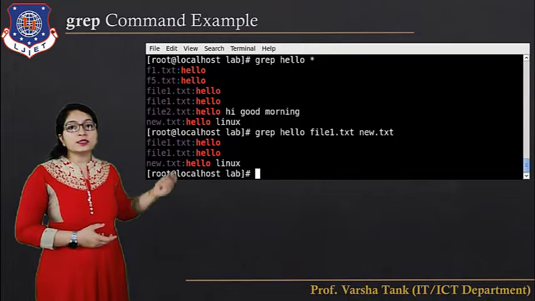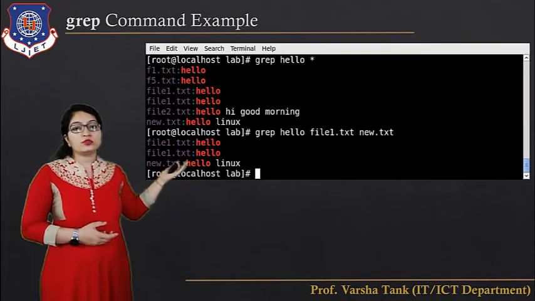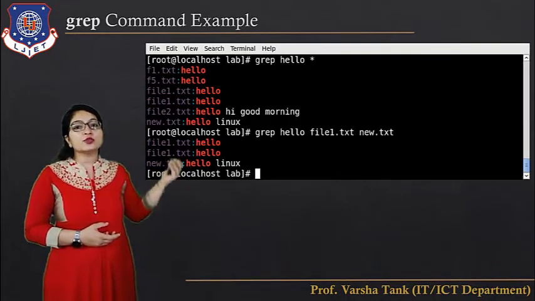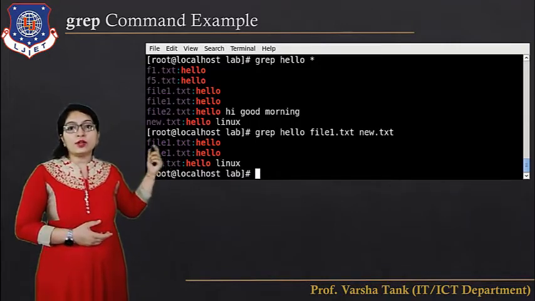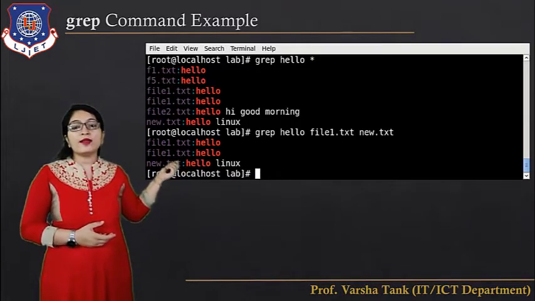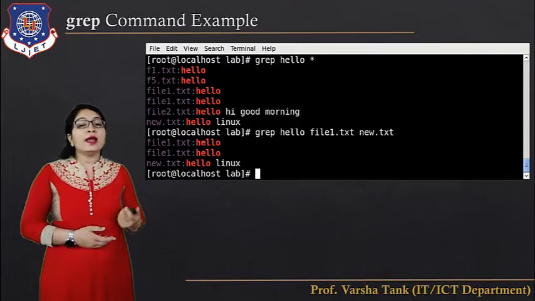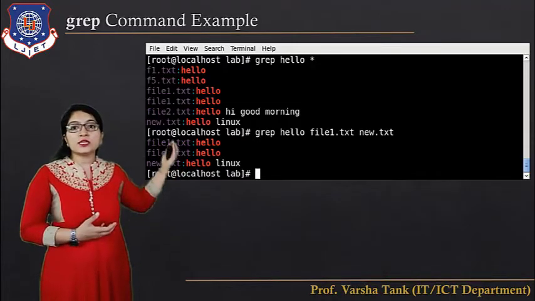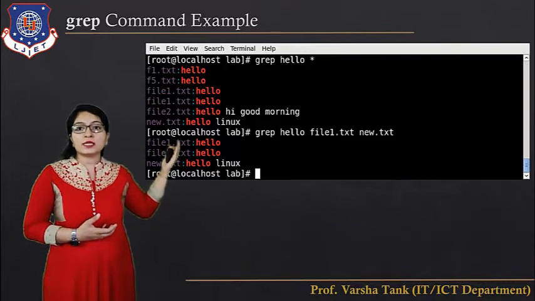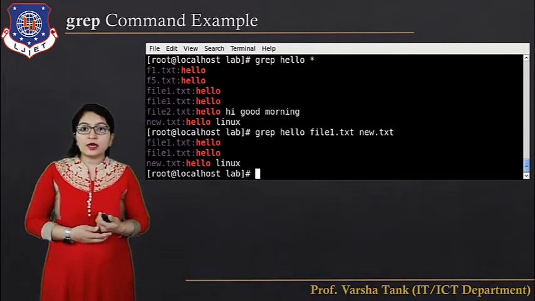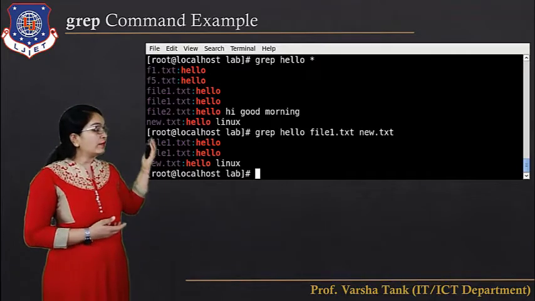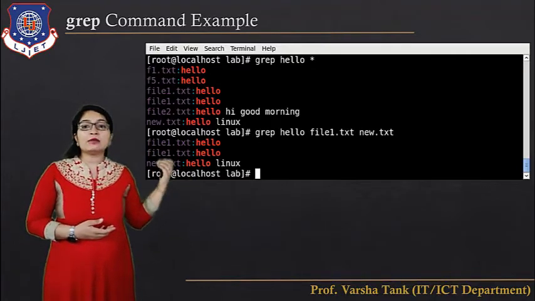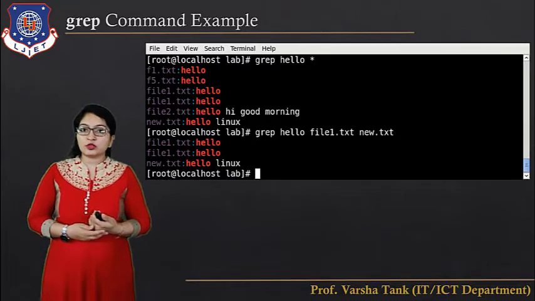Now suppose you want to check in each and every file, so you can write grep hello *. Here hello is in f1.txt, hello is in f5.txt, and wherever hello is present any number of times, it will display those lines as many times as hello appears.